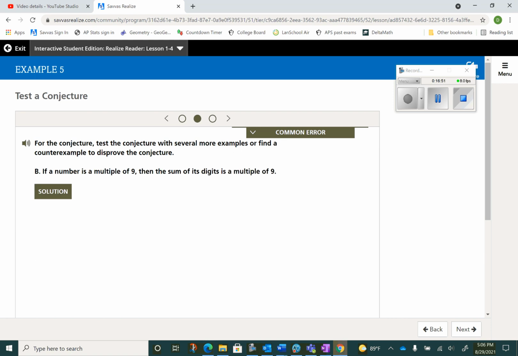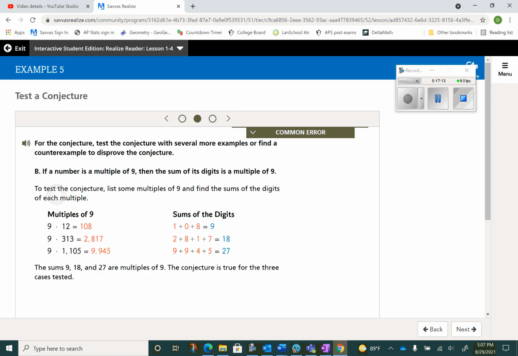Okay? If a number is a multiple of 9, then the sum of its digits is a multiple of 9. Okay, so again, if you think about, say, 9 times 2 is 18. 1 plus 8, that's 9. Okay, that works. 9 squared is 81. 8 plus 1, that's 9. That seems to work. 9 times 12 is 108.